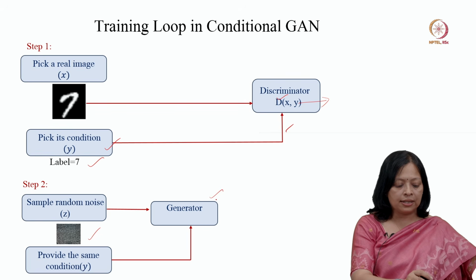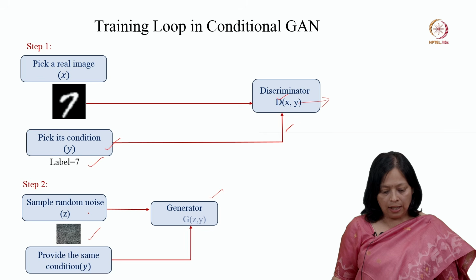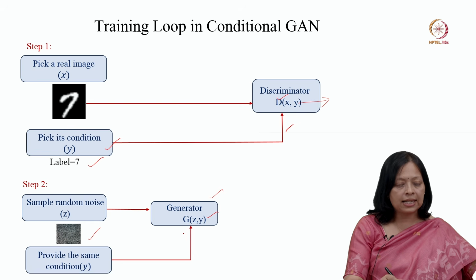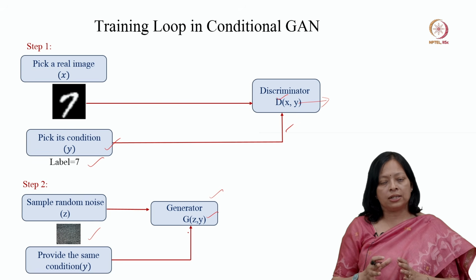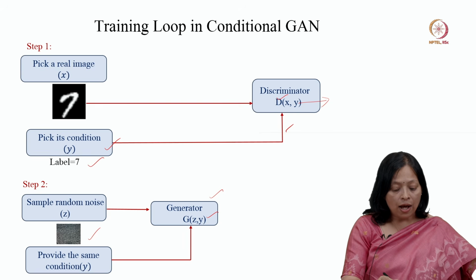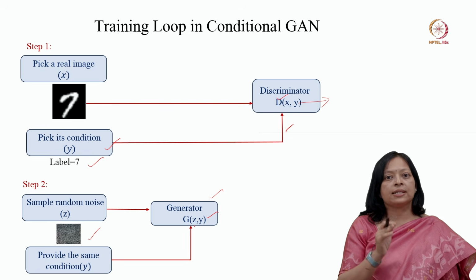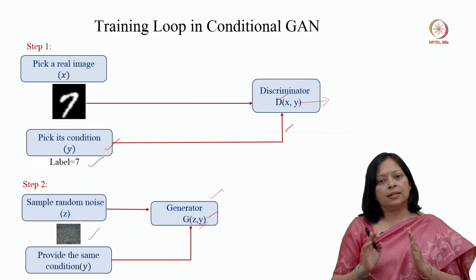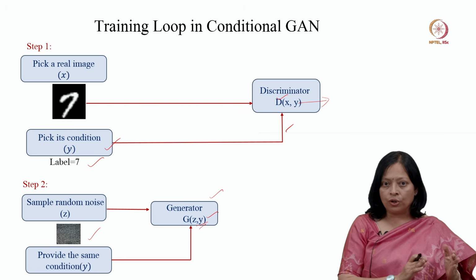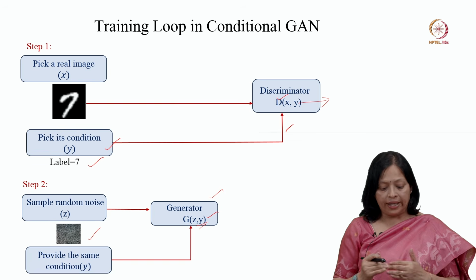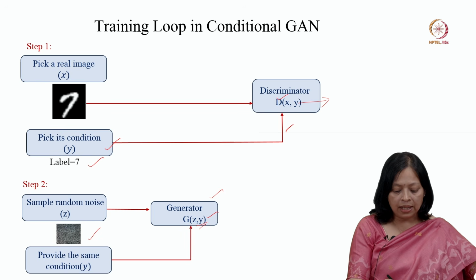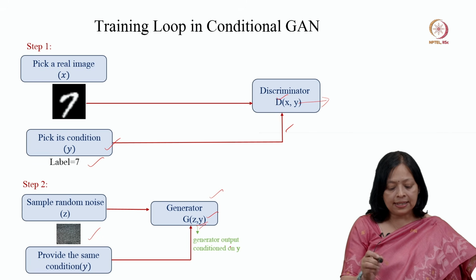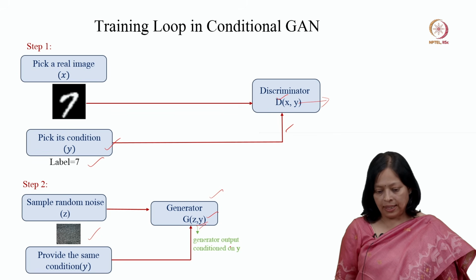So the generator gets the noise and the condition, and we get G of z, y, where G stands for the output generated by the generator using z, the noise, and the condition y. The generator is generating an image from noise with the condition y, so this tells the generator output conditioned on y.